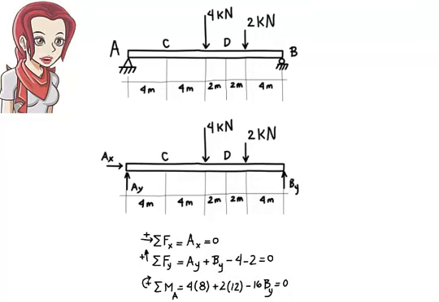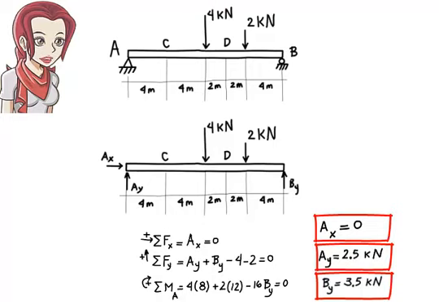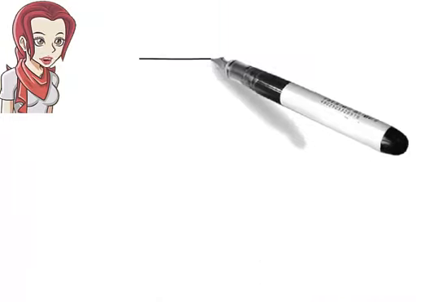From the last equation, we can calculate By. By equals 3.5. From the second equation, we get Ay equals 2.5, and the first equation gives us Ax equals 0. Here are the results shown graphically on the beam.